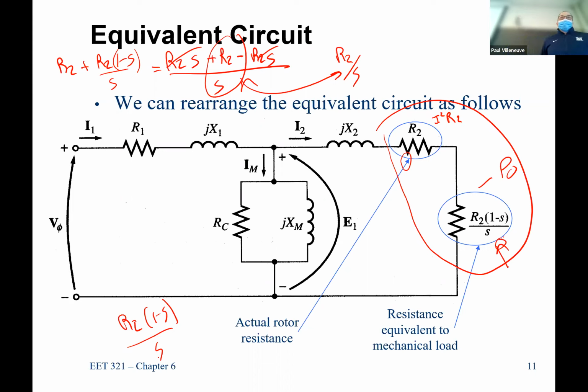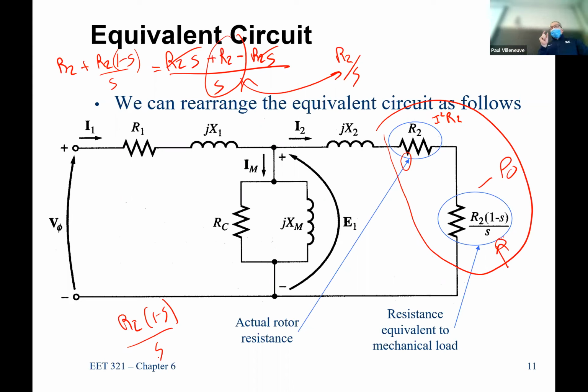How much current flow do I have when the thing is running at synchronous speed? None. Remember, we have to have a difference in speed of operation between the synchronous speed and the mechanical speed to have a dphi-dt. There has to be a difference in speed.